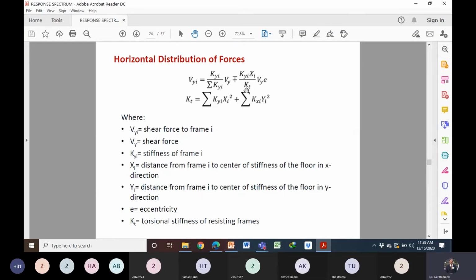It is divided by the torsion stiffness, multiplied by the total base shear in that direction, and e is the eccentricity. First, we will assume the load is along the y or the x direction, so if the eccentricity is equal to 0, this factor is equal to 0. We will use this part of the formula only: the stiffness of that frame divided by the total stiffness.